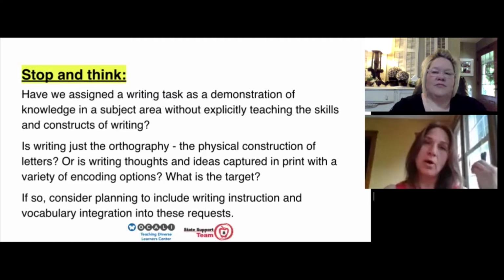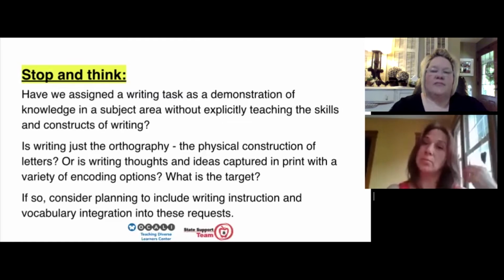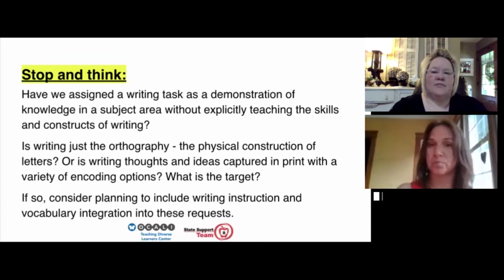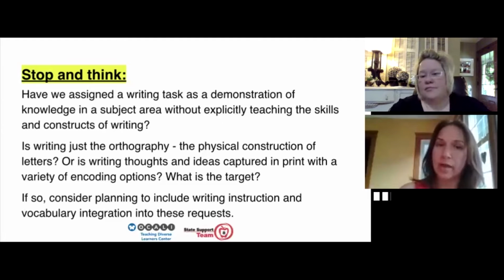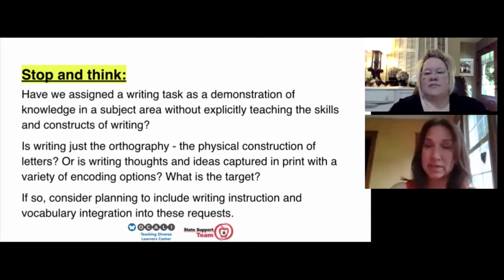And thinking about expectations in your classrooms and thinking about expectations across your building and through the system, what is the target? Is the target physically to write, or is writing really the means to capture thoughts and ideas?